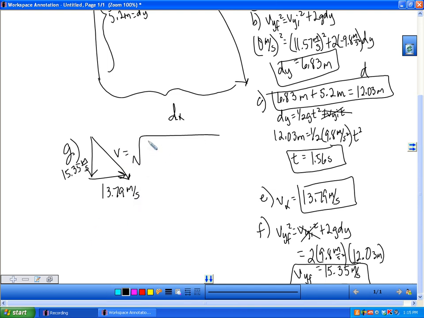B is going to be the square root of 15.35 meters per second squared plus 13.79 meters per second squared. So when I did that, I got B to be 20.63.